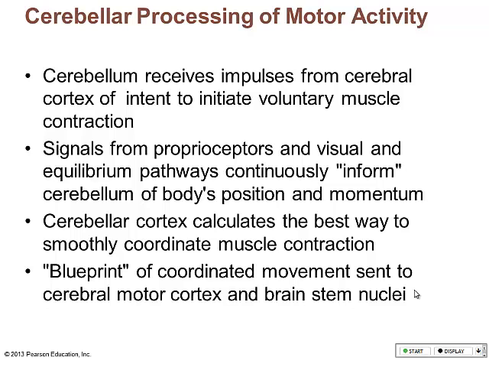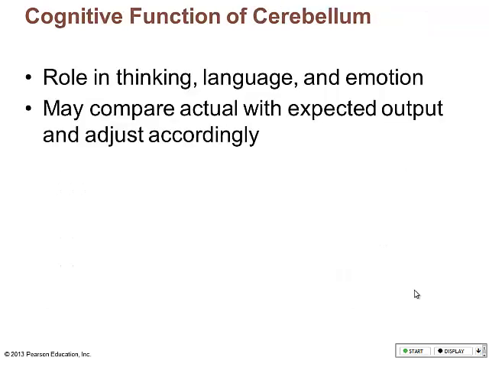Movements that you do a lot, coordinated, repetitive movements are stored here as well. So things like what? Coordinated, repetitive movements. Give me some examples. Driving a car, riding your bike, typing, playing an instrument.